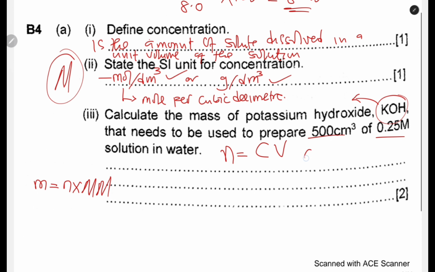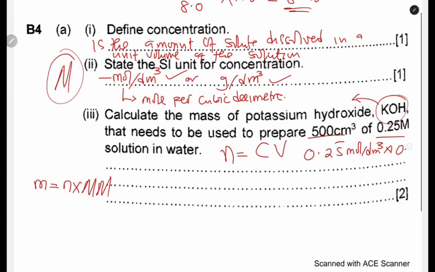So concentration is 0.25 mole per decimeter cubed, multiplied by what is the volume? The volume is 500, but if we are to convert it into decimeter cubed, it will be 500 divided by 1000. What is it giving us? It's giving 0.5.